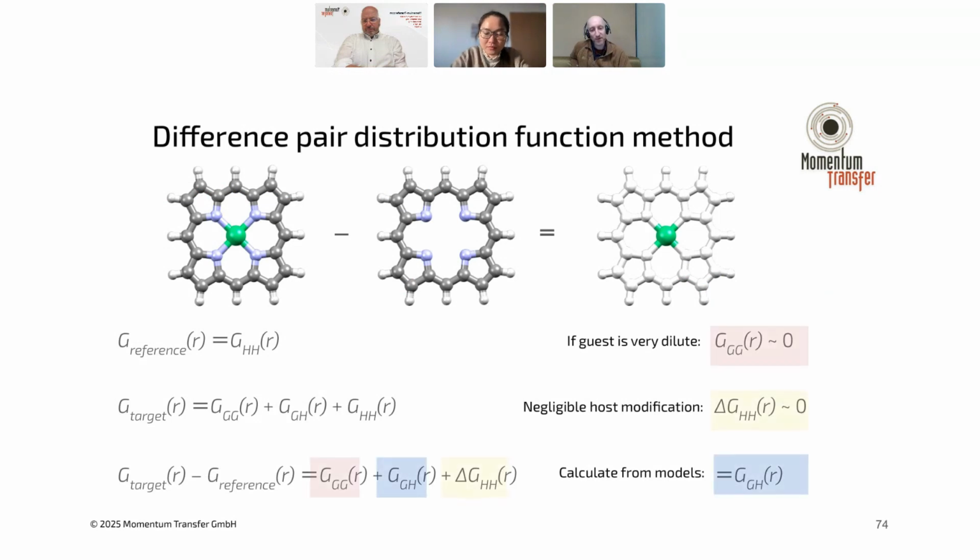So I can make a few assumptions. If the guest contribution is sufficiently dilute, then I can neglect the guest-guest correlations, at least on the very local length scales.